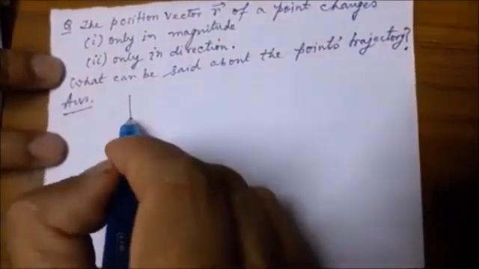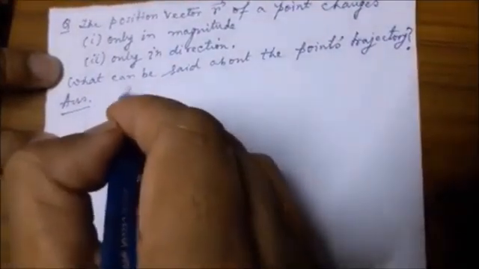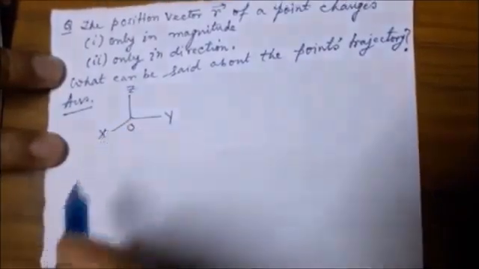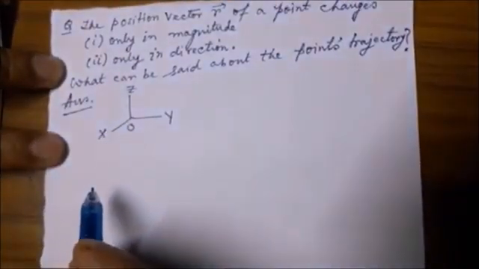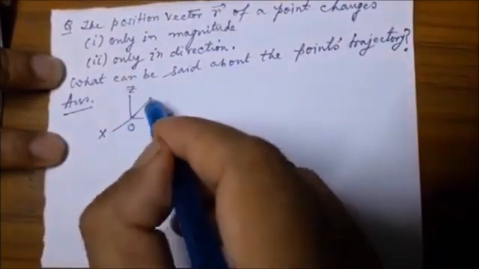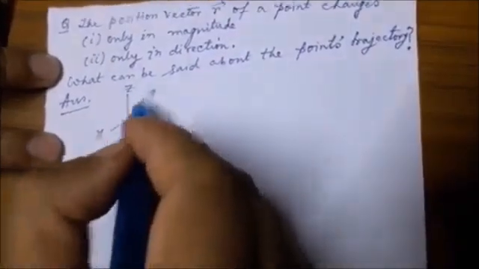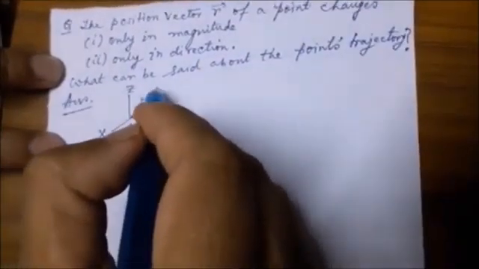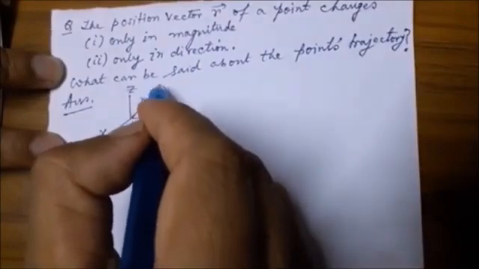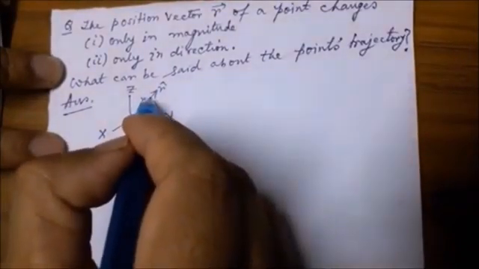Now let us build a coordinate system. This is x-axis, this is y-axis, and this is z-axis. This is the origin O, and let this be the position vector. This distance is say r, and this unit vector be r hat, and let us consider a point P here.